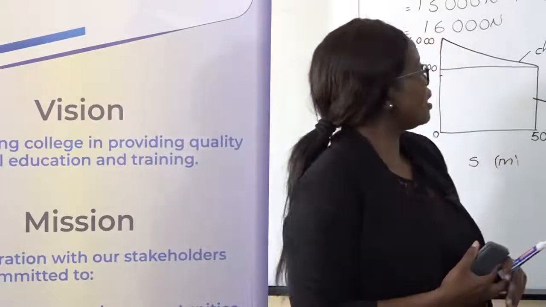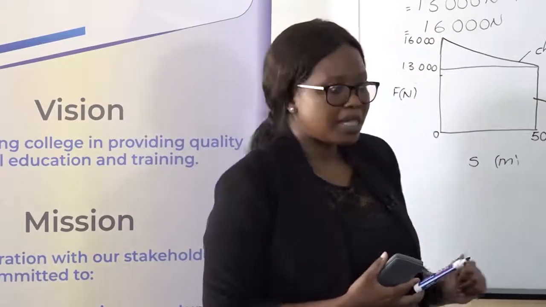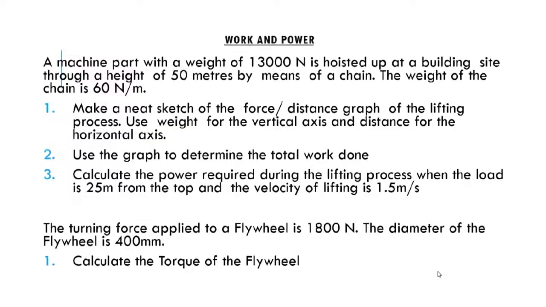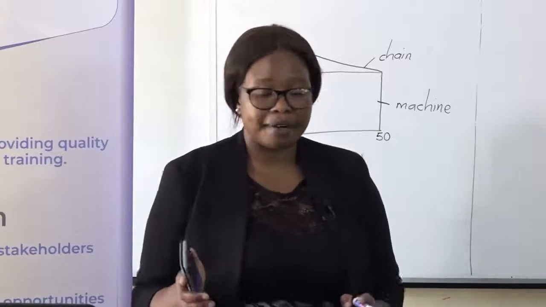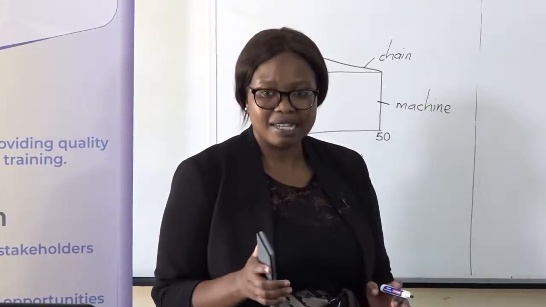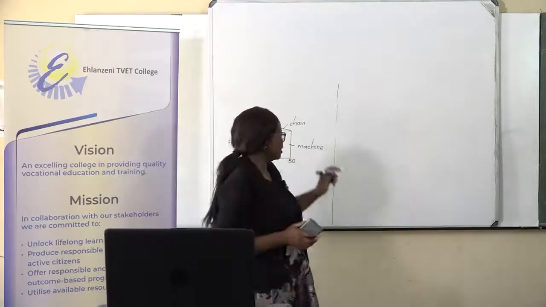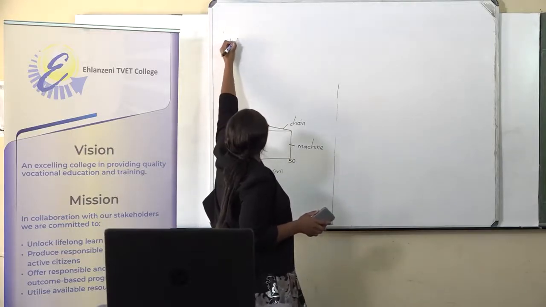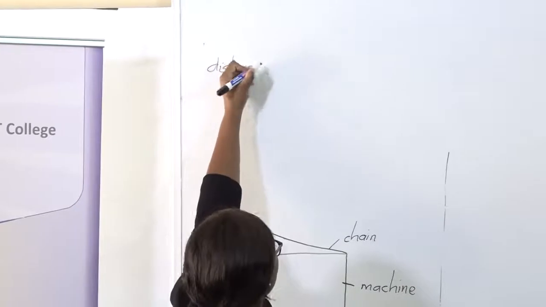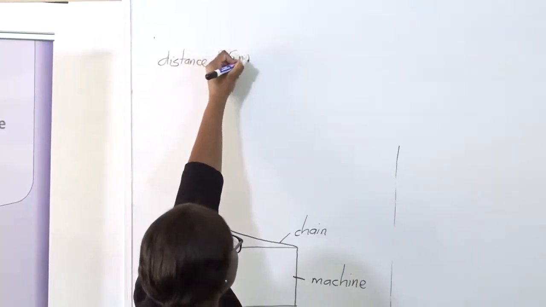And another thing that we want to look on is we are given the load which moves for 25 meters, according to this question. So here, let's put down first our data so that we'll be able to refer to it. Our distance that is covered is 25 meters.